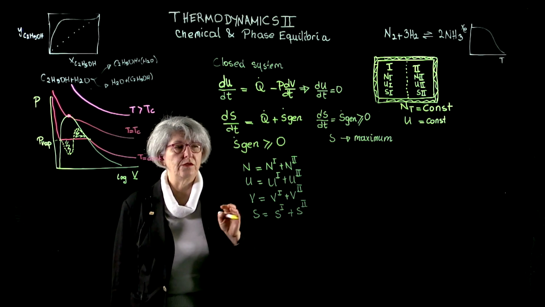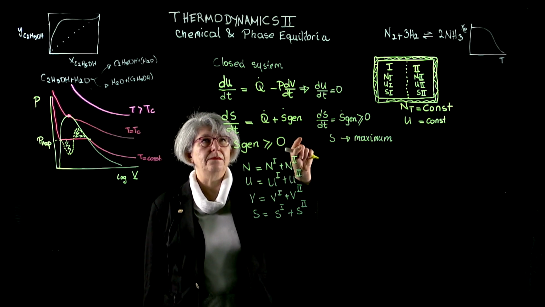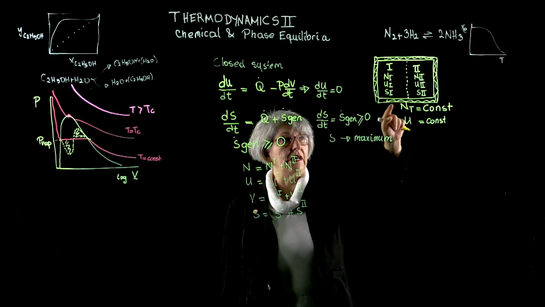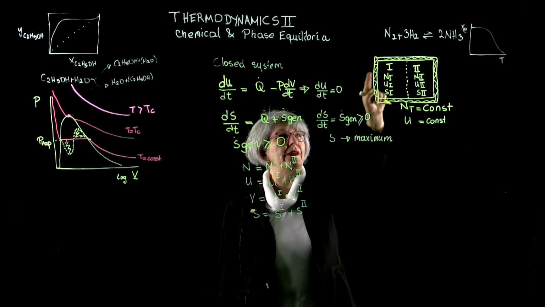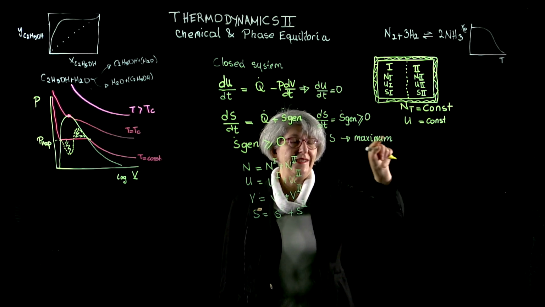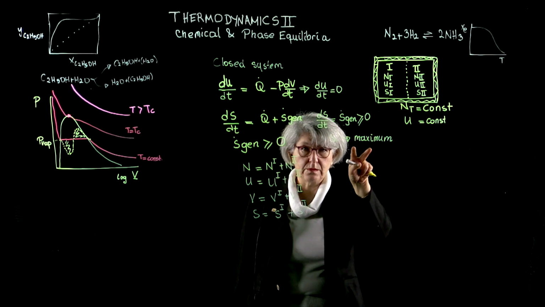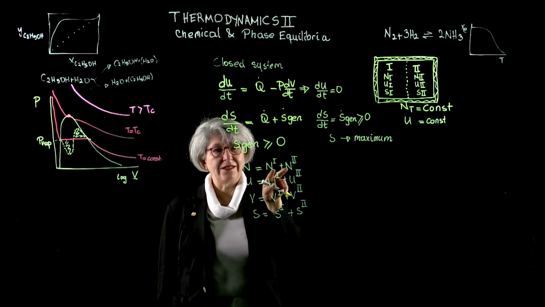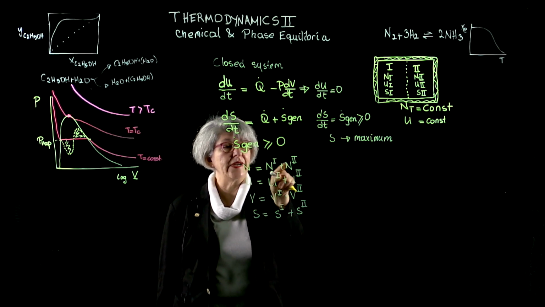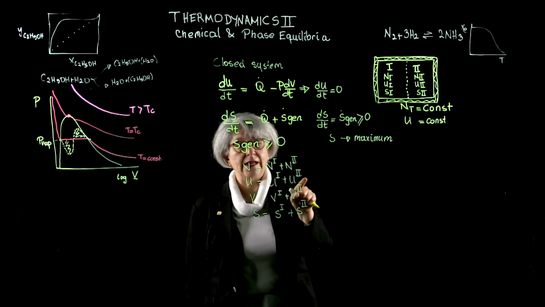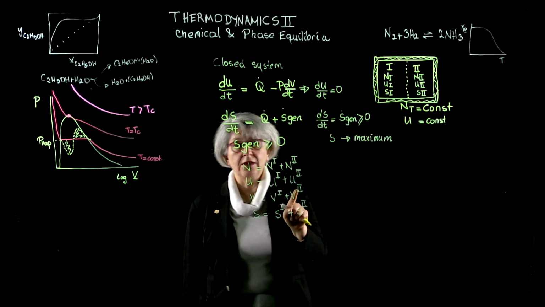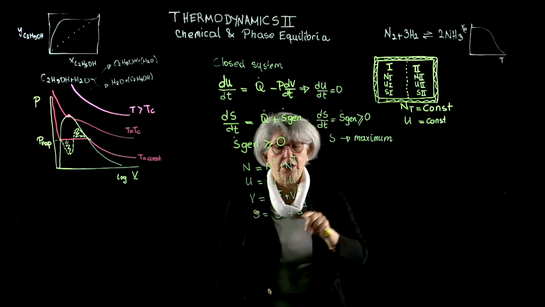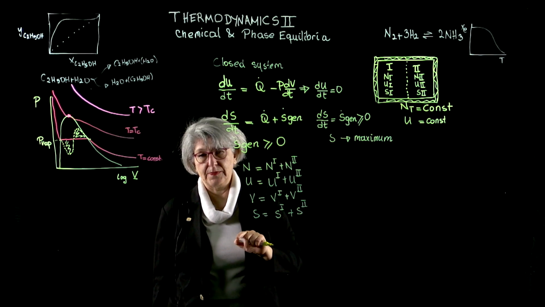So we have a system with constant internal energy and constant volume, arriving at an equilibrium state where entropy becomes maximum. We have a condition that justifies molar exchange, energy exchange, volume exchange between two domains, meaning the boundary can move, and entropy exchange between those two domains.